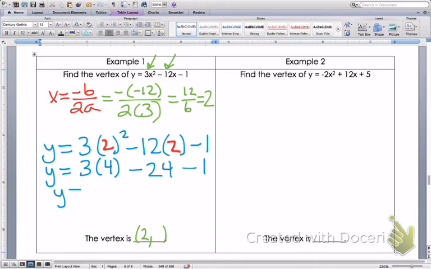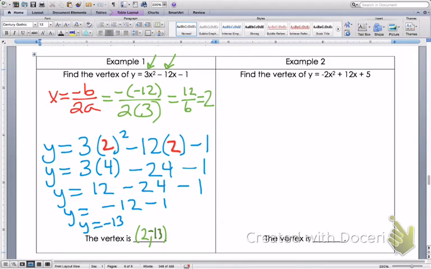And then we're going to keep simplifying. That's going to be 12 minus 24 minus 1. That's 12 minus 24 is -12 minus 1, which gives us a -13. You always have the option of just typing that into the calculator and hitting enter, but make sure you do it correctly. So this right here is my vertex, and that's pretty much a quick way of finding the vertex.